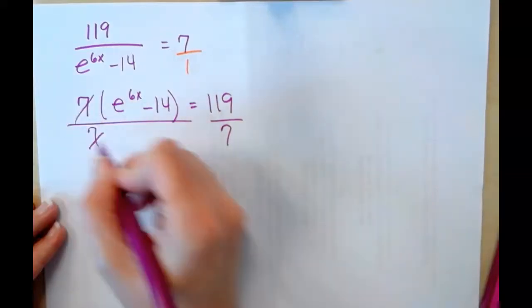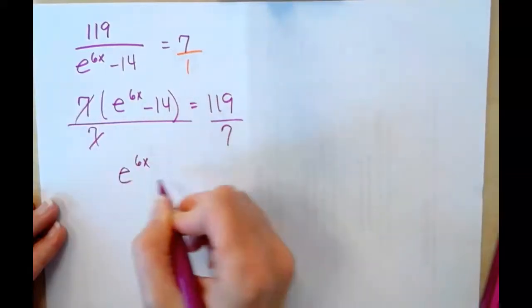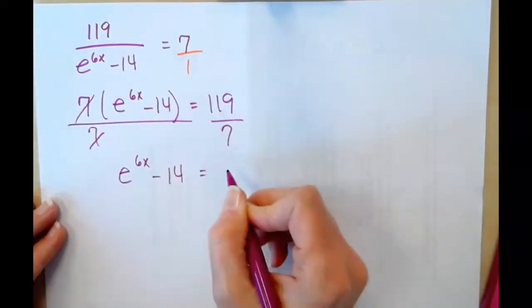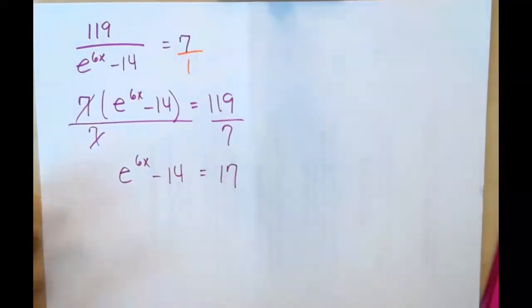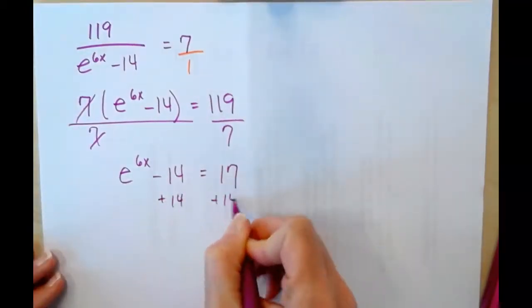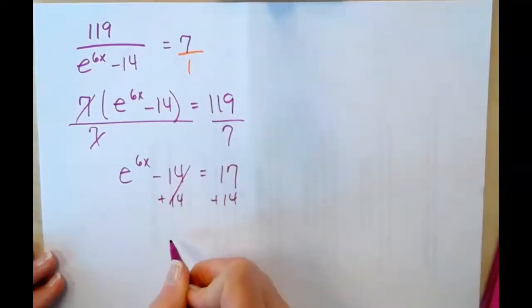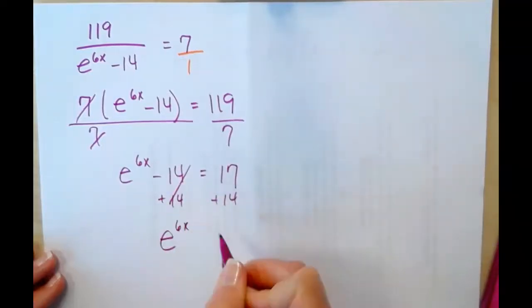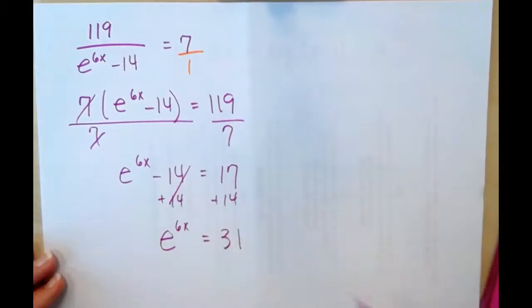So now we've got e to the 6x minus 14 equals 17. If our objective is to isolate the e term, let's add 14 to both sides. And we get e to the 6x equals 31.